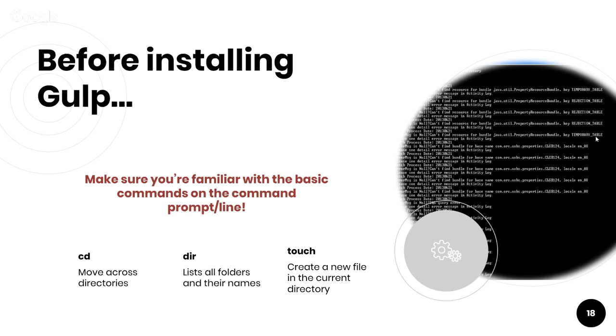The touch command creates a new file in the current directory. So you have to specify the name of the file and its extension. If you want to create a text file, for example gulp.txt, you should place touch before that. And once you hit enter, you have the new file in the file structure.